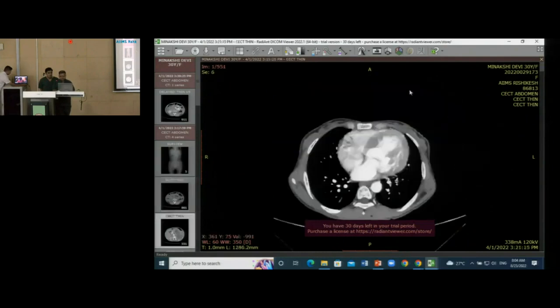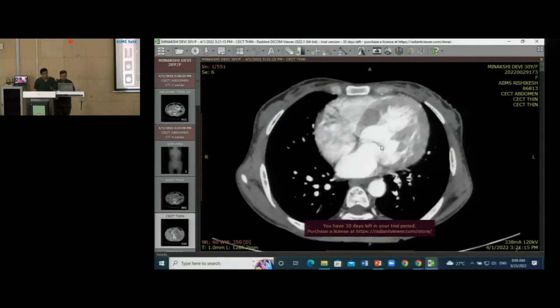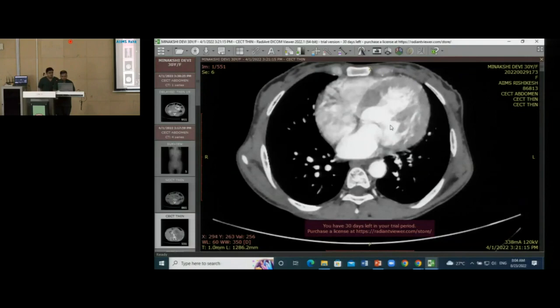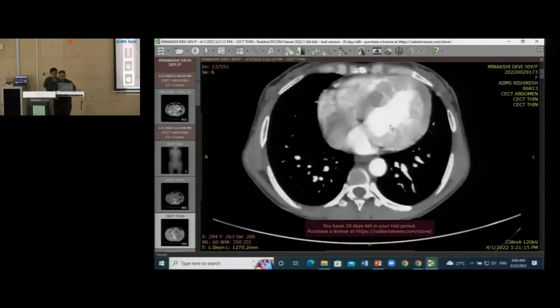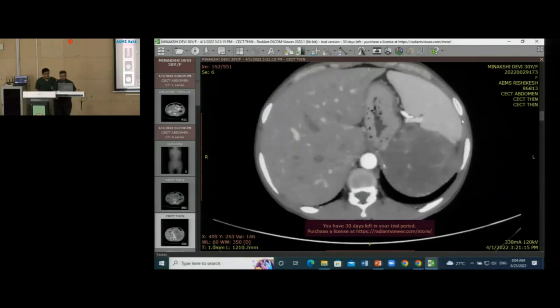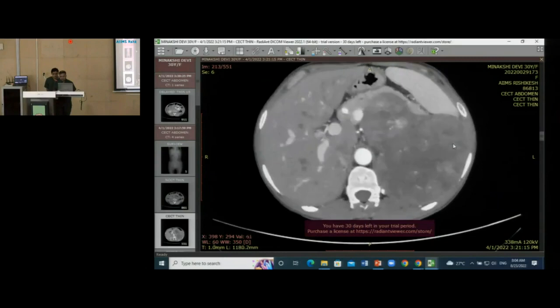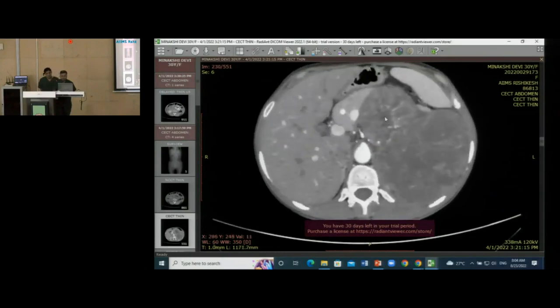These are the post-contrast images. On post-contrast images, this lobulated lesion shows heterogeneous enhancement with non-enhancing areas within.